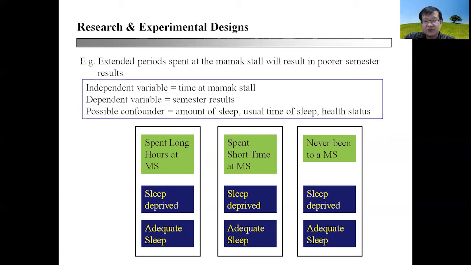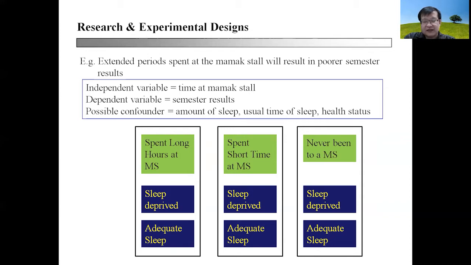And all of them should be adjusted for sleep deprivation, making sure that everybody has the same amount of sleep pattern, and all other factors. So all the blocks in blue are actually the confounders that have been identified and controlled.